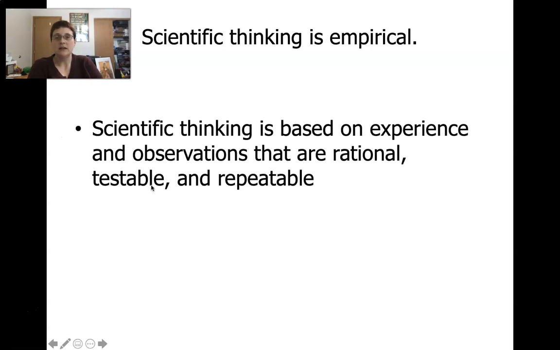The last two are the biggest parts related to scientific thinking and testing. You have to be testable and repeatable. If you can't do this, then there's no point in continuing to look at it. If you can't test it and repeat it, if you can't see it again, then it's not going to be something that will be integrated into scientific thinking.